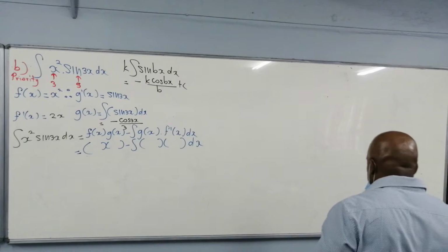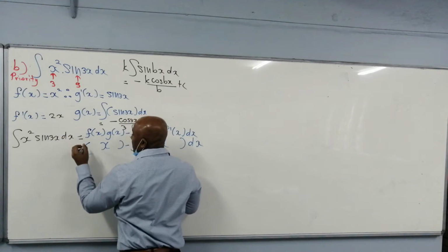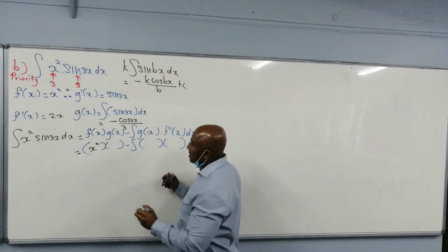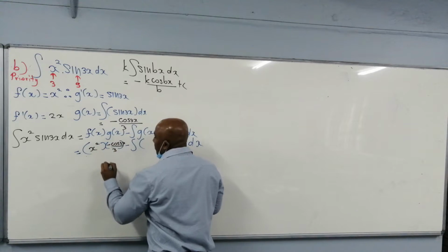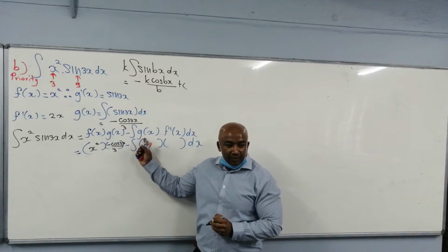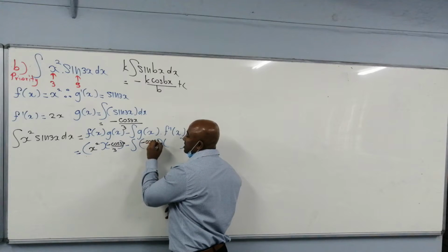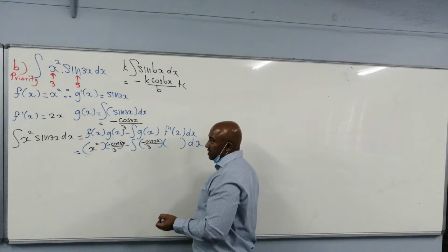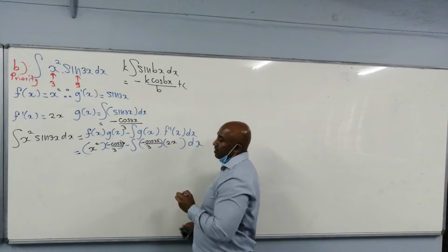Alright, so we do the substitution now. f of x is x squared, then g of x is minus cos 3x over 3. Remember, g of x appears twice in the formula, so therefore this is minus cos 3x over 3, and then f prime x is what we worked out there, which is 2x.